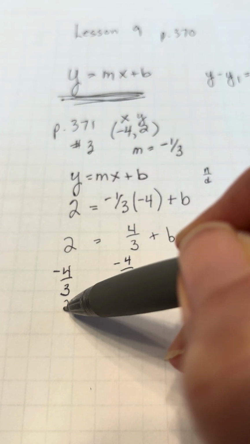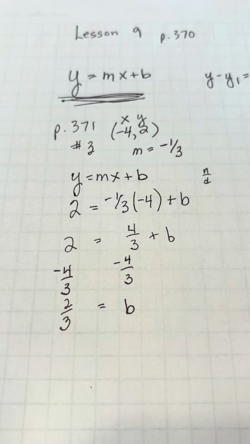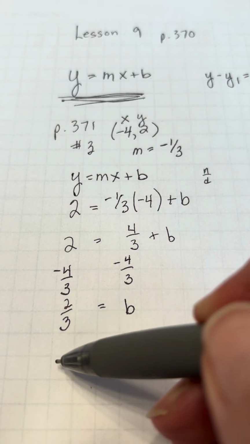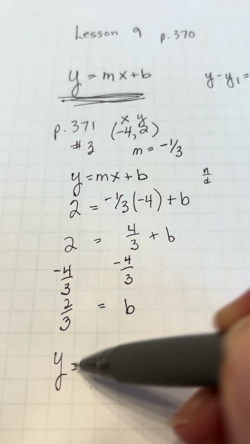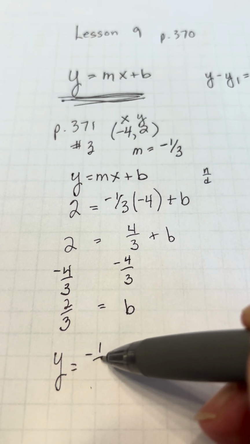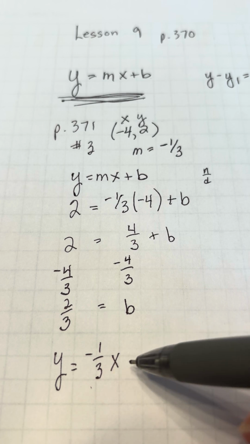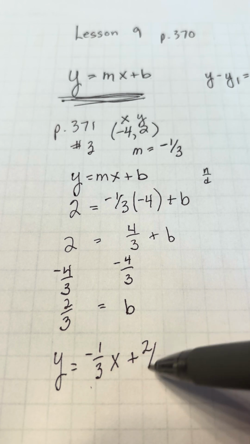When I do that, I'm going to get an answer of 2/3. So now when I write the equation, I'm going to say y = -1/3 x + 2/3, using the slope given.